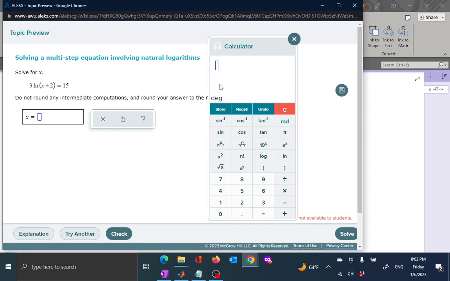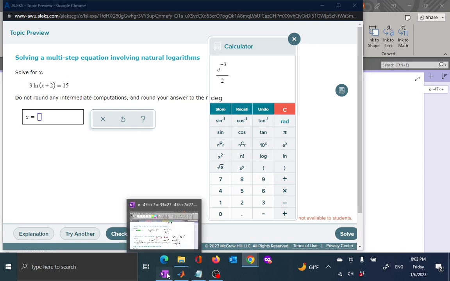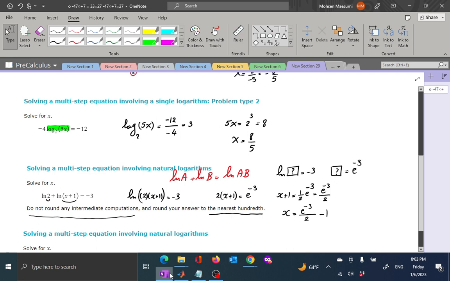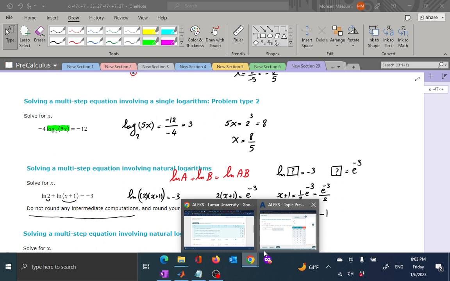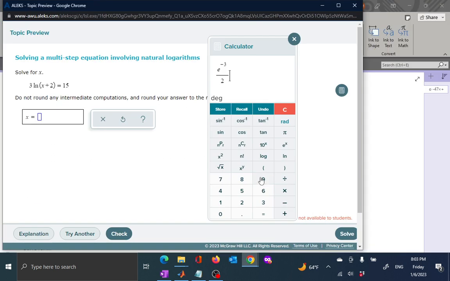So how do we write that? Exponential of minus 3, I step to the right, divide by 2, and then minus 1. So essentially you have to type the whole thing in the calculator, and then at the end find out what this quantity is.